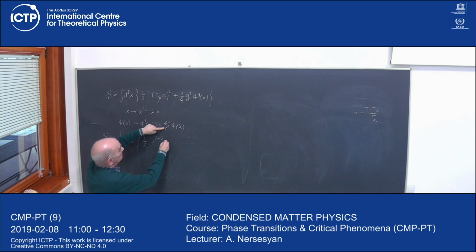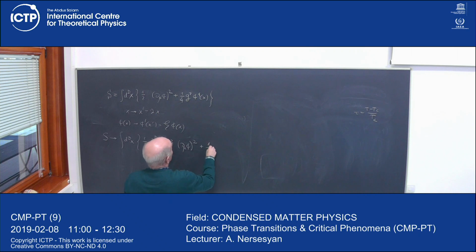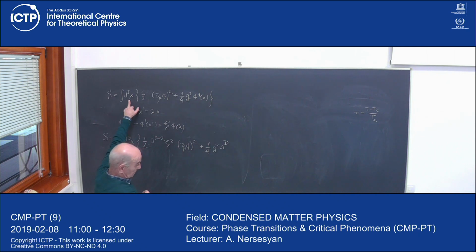Right? And one more zeta squared will come from the fact that there is a field, and here I have (dφ)^2. What I have here is 1/4 g φ^4, lambda to the power of d coming only from this measure.